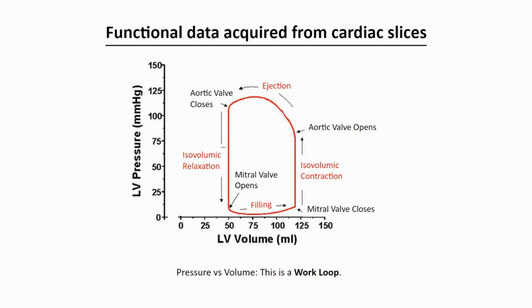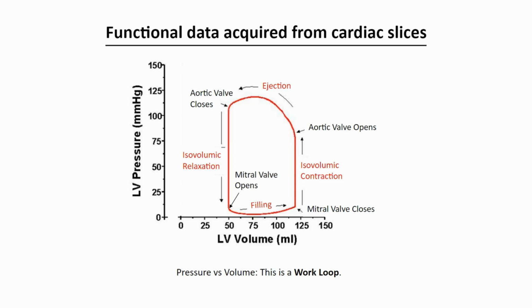If we plot the pressure against the volume, this pressure-volume relationship shows a cyclical loop. It's often referred to as a work loop because the area within that loop indicates the mechanical work generated by the pumping action of the ventricle. You can see the 4 phases of the cycle we noted in the previous slide. The isovolumic contraction is on the right-hand side of the loop and shows a rise in pressure with no change in volume.